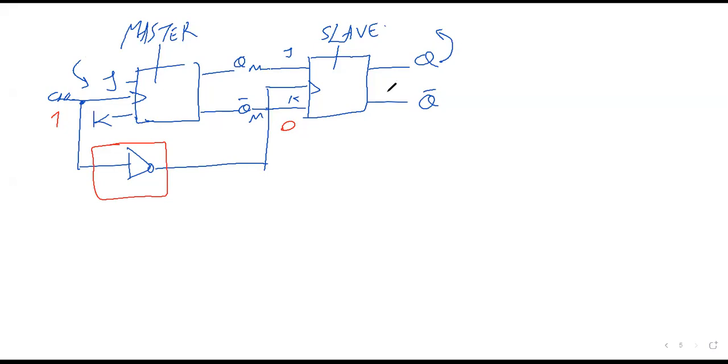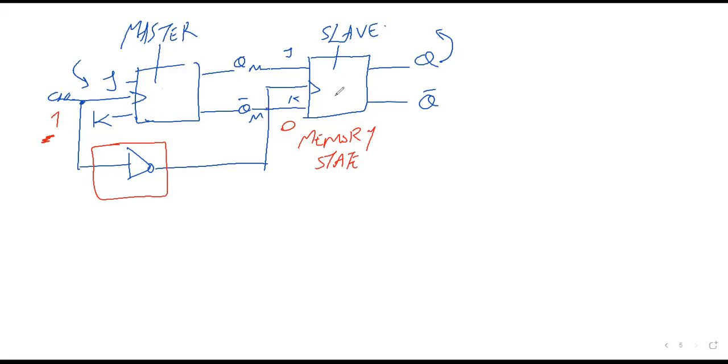What does this help? When the clock is 1 here, the master operates normally as a JK. But what happens to the slave? The slave is in its memory state. And vice versa.